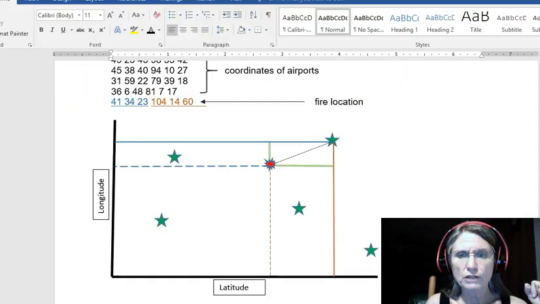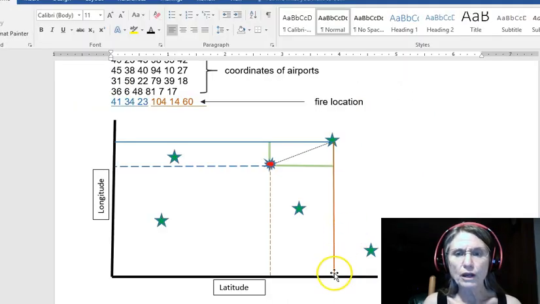Okay, so let's go back. We find how many seconds of longitude the airport measures at. Find out how many seconds of longitude the fire measures at.